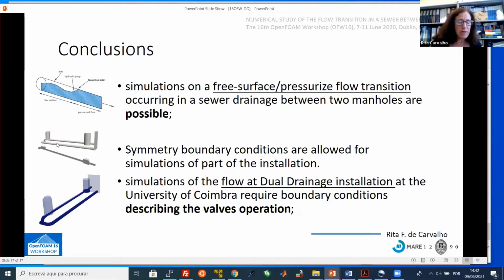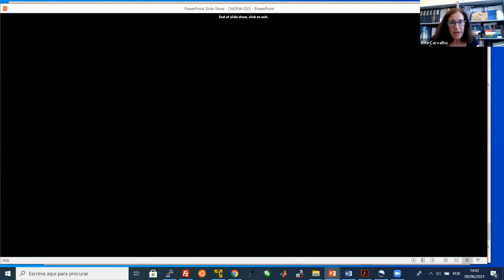The symmetry doesn't have a big impact on the results, but the valve operation does, and if we don't use that valve instead of that one, we can have a symmetry plane like this. And it's very important to have an accurate valve operation to have the real conditions so that we can compare the numerical results with the experimental ones. Thank you.